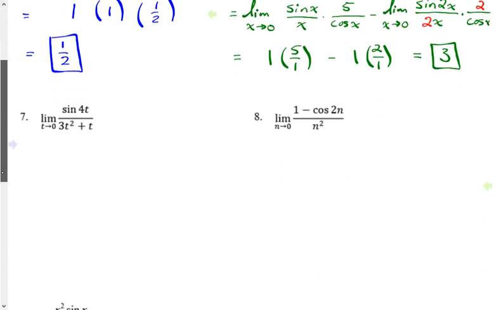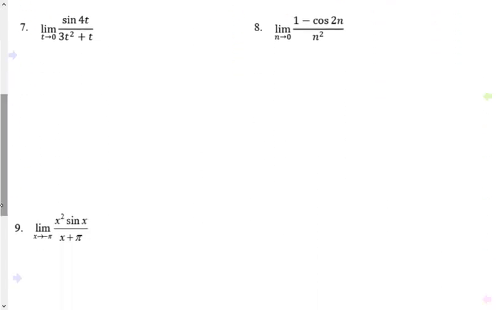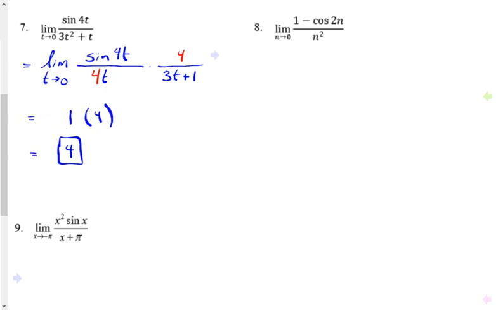On to question number 7. This time I could see a common factor of t in the denominator, so I pulled that out, kept it underneath the sine 4t, and then multiplied and divided by 4.